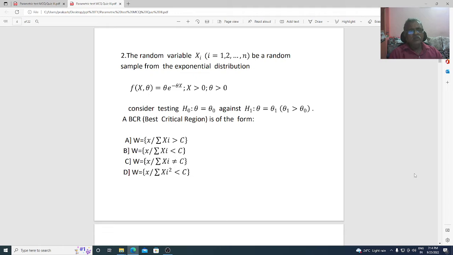Question 2. Let X1, ..., Xn be a random sample from the exponential distribution f(x, θ) = θ e^(-θx).